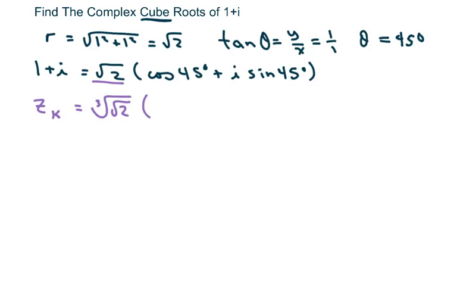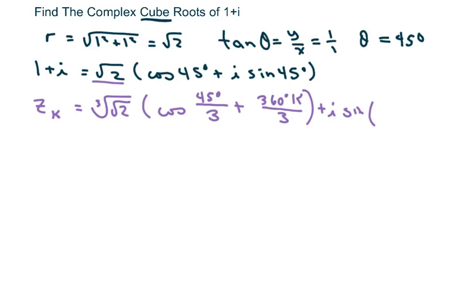Then you write cosine of 45 degrees over 3, plus 360k over 3, and then plus i sine of 45 over 3 plus 360k over 3. Remember, that's our placeholder, the 60.